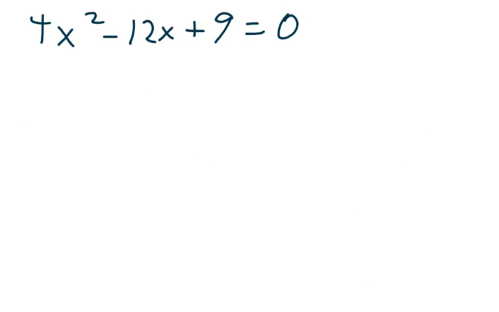Alright, for this third problem, we have 4x squared minus 12x plus 9, which we're going to try to factor. What two numbers multiply up to be 4 would be 2 and 2. It also could be 4 and 1, but we're going to try 2 and 2 first.